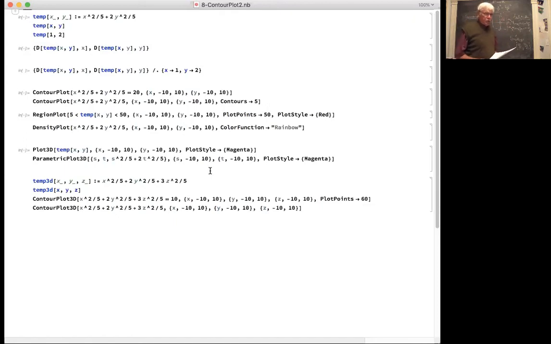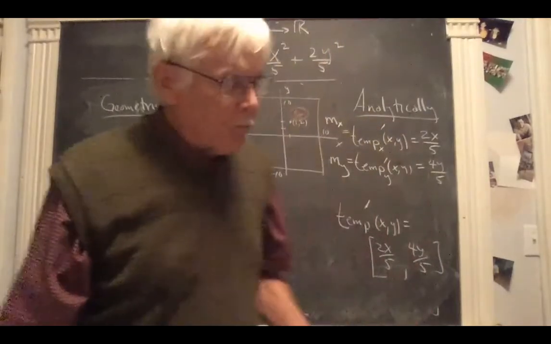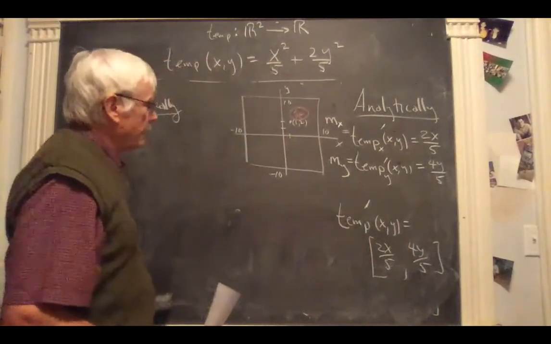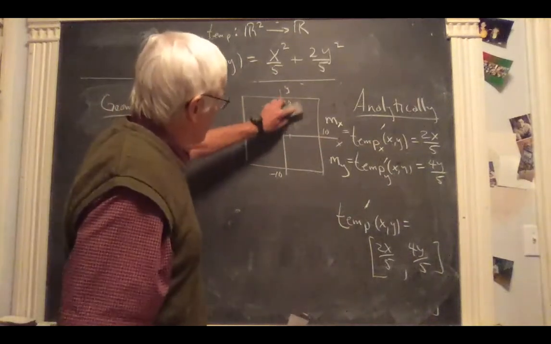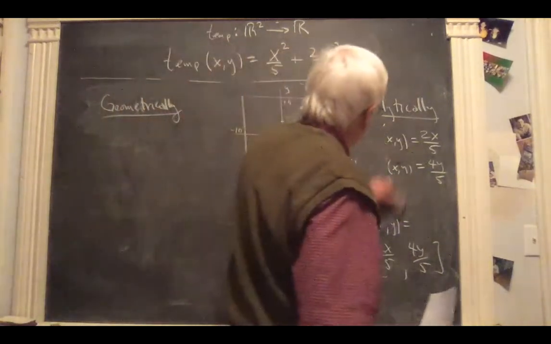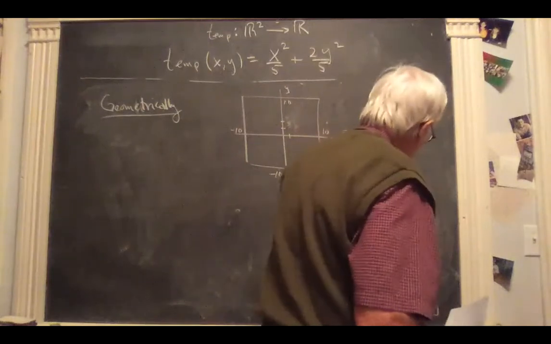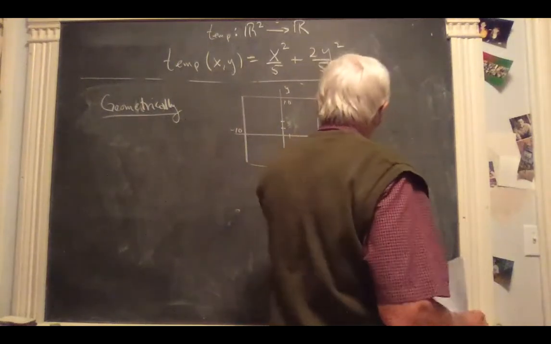And now we'd like to look at a couple of plots of this. So let me look at the contour, region, and density plots first. And I'll go back to the board. So I'm going to erase a little bit of what we got here, erase the slopes. Slopes have to do with the graph. Contour plot is not about the graph.